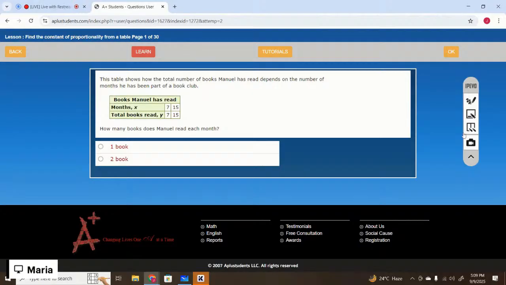So you have to do y by x, right? That is 7 over 7, 1. So it would be one book each month. Option number 1 is the correct option.